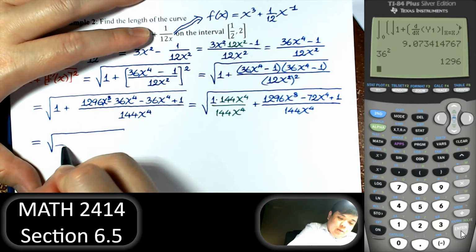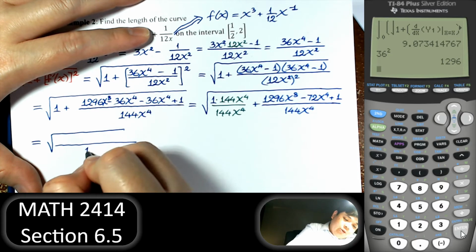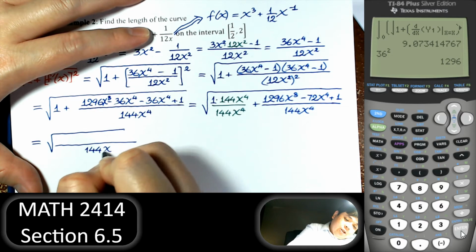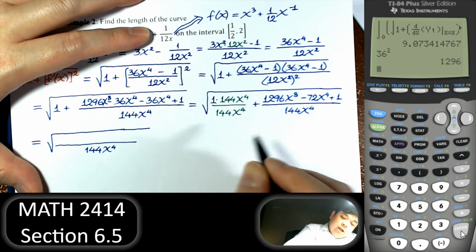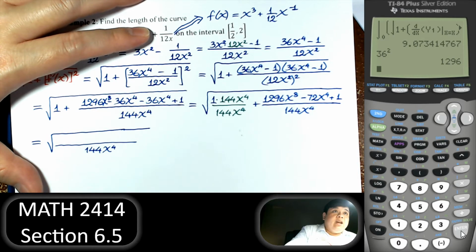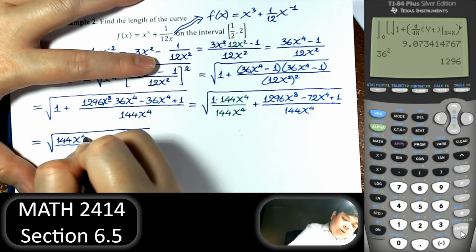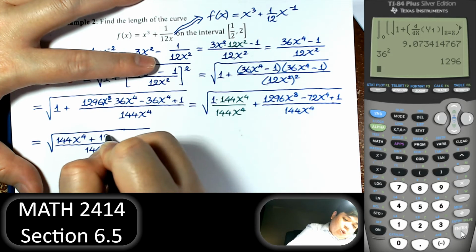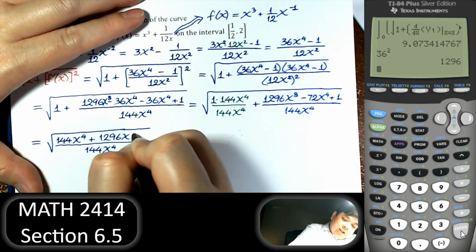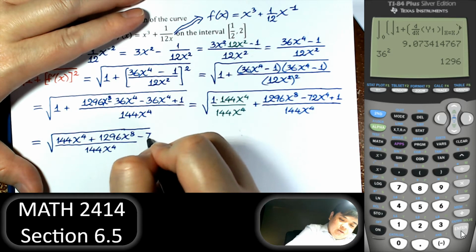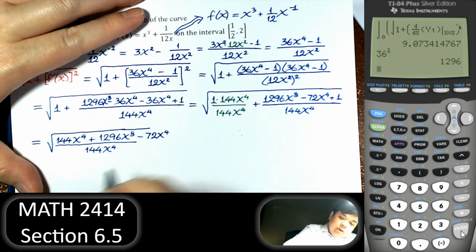Now the bottom is 144x to the fourth. The top we just have those three things: 144x to the fourth, 1296x to the 8th, minus 72x to the fourth plus 1.